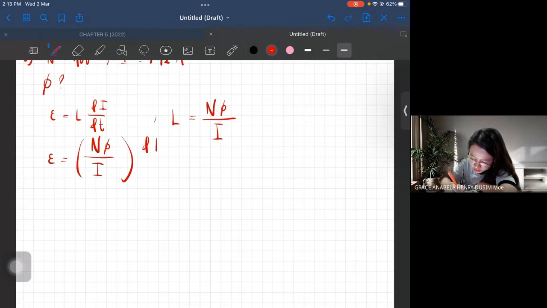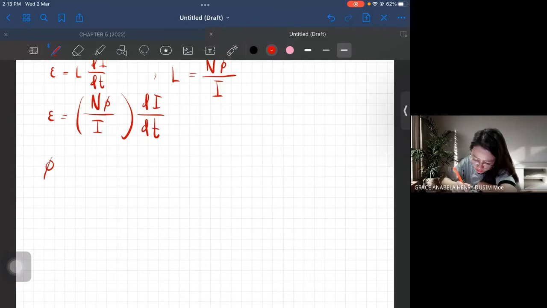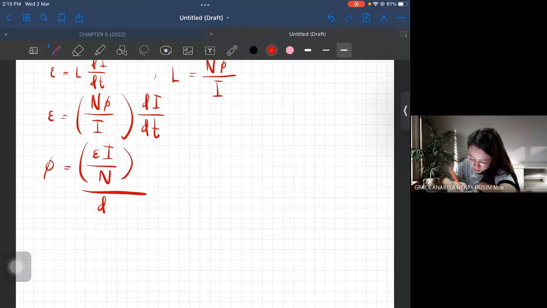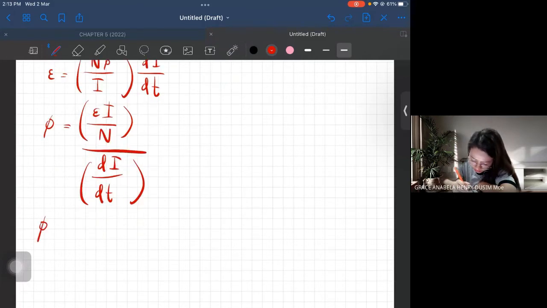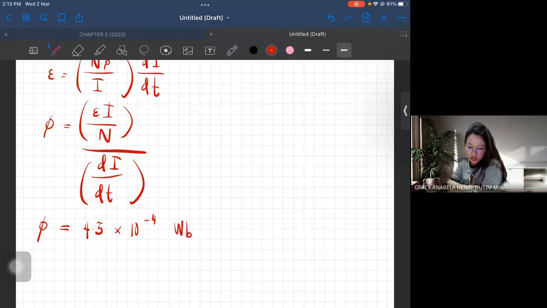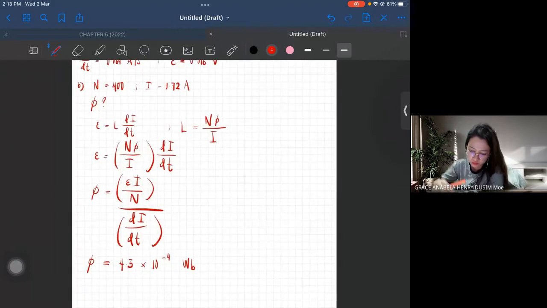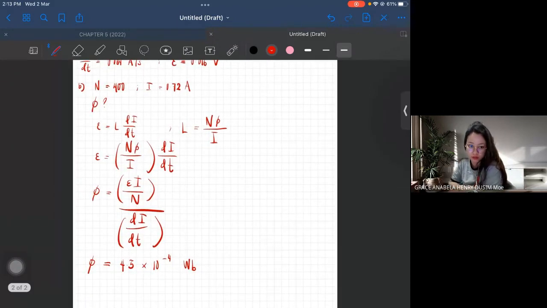So we have di over dt. Okay, so rearrange untuk dapat magnetic flux, we will get I over N divide by di over dt. Okay, so kamu akan dapat V to be equal to 4.5 times 10 negative 4 Weber. Okay? Difaham? Boleh kah yang ni?